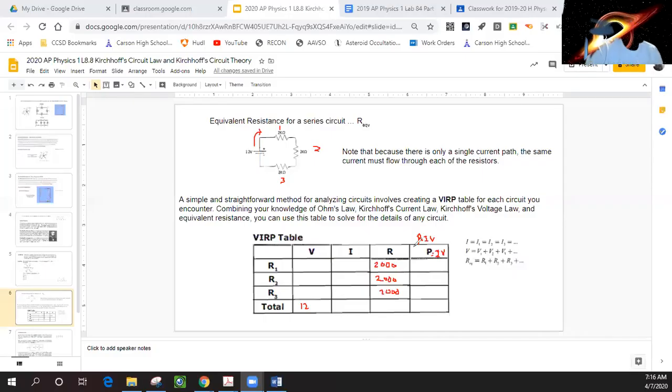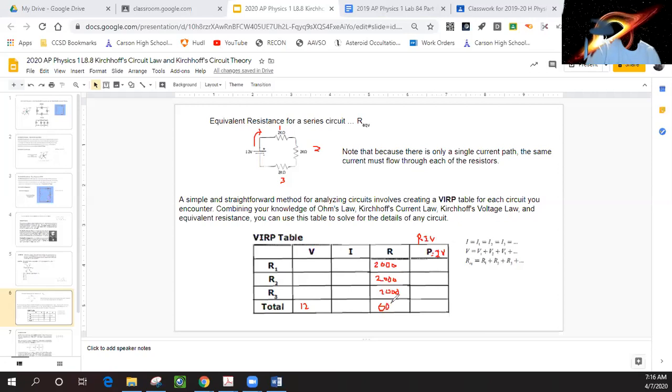We filled in the table with what we know, and now we can start applying Kirchhoff's laws. Here we have equivalent resistance. It's a series circuit, so all the resistors add up together. The 2,000 plus 2,000 plus 2,000 gives us 6,000 right here.